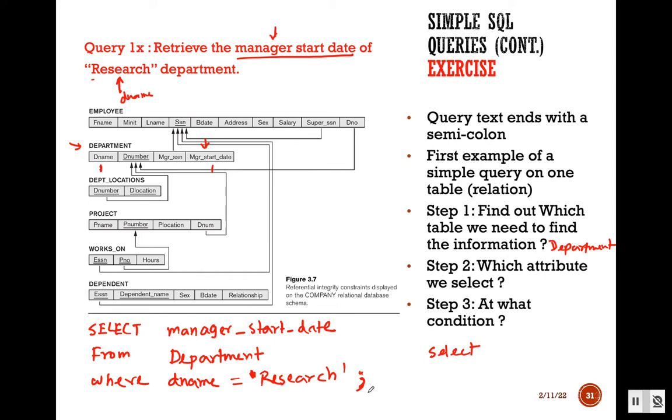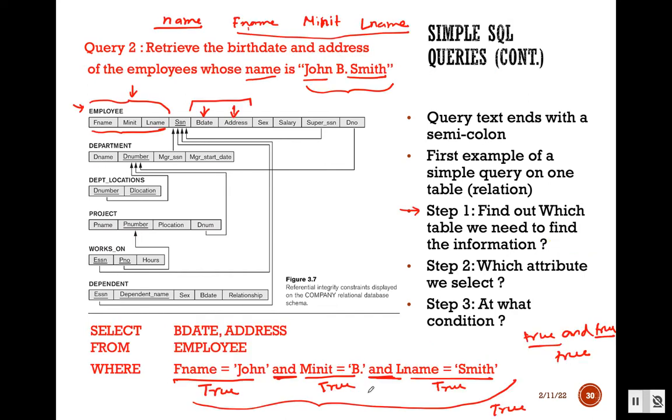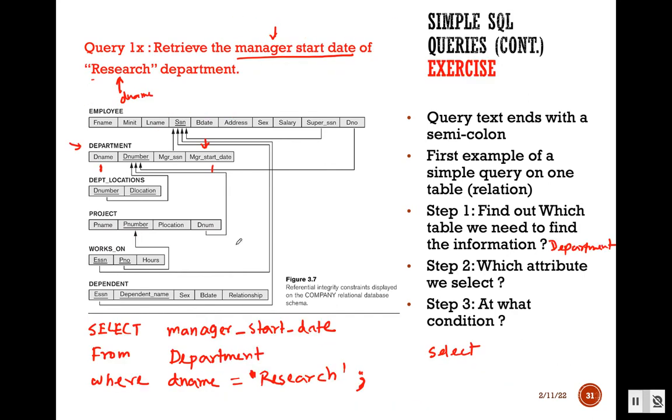All right, a few things I want to say about the last query and here also. The department name, dname, the type of the dname was, I believe, varchar. Varchar means it is a list of characters, it's a string. So if it's a string, we enclose it in single quotes.